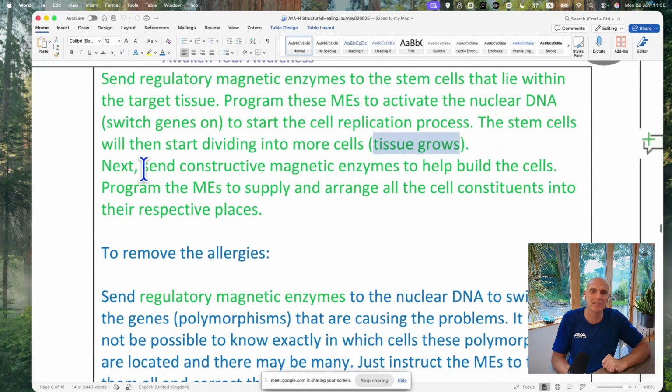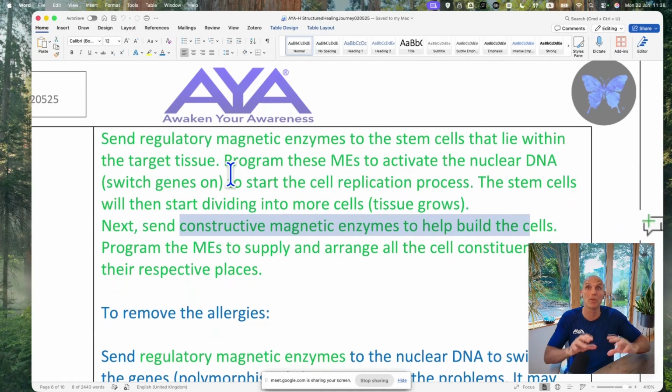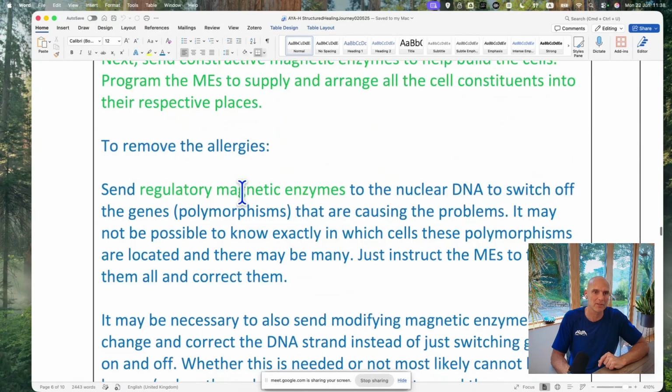Next, send constructive magnetic enzymes to help build the cells. Now, you might want to go back to some previous lessons in energy healing to remind yourself of what's going on here, or remind yourself of the processes. But that's perfectly normal. That's why all the lessons are on Classroom, and you can go back and remind yourself. But you can copy and paste this stuff, basically, as long as you understand it.